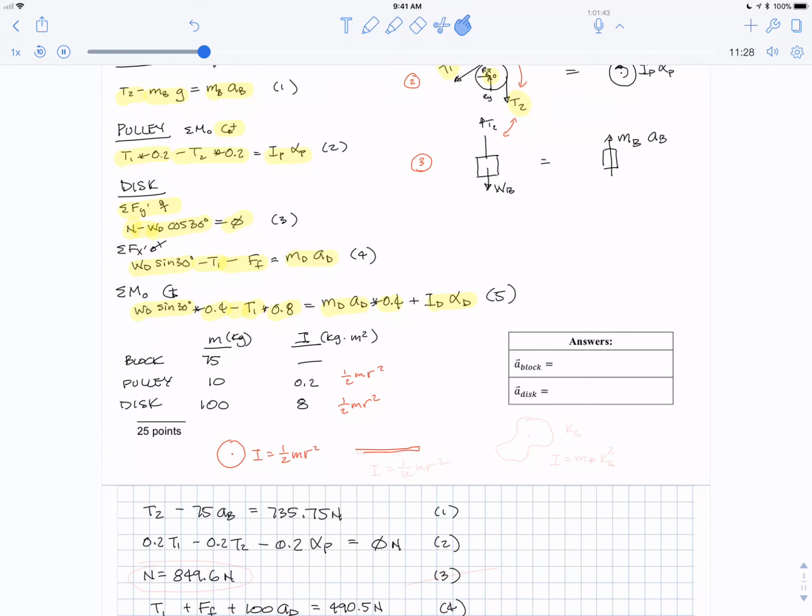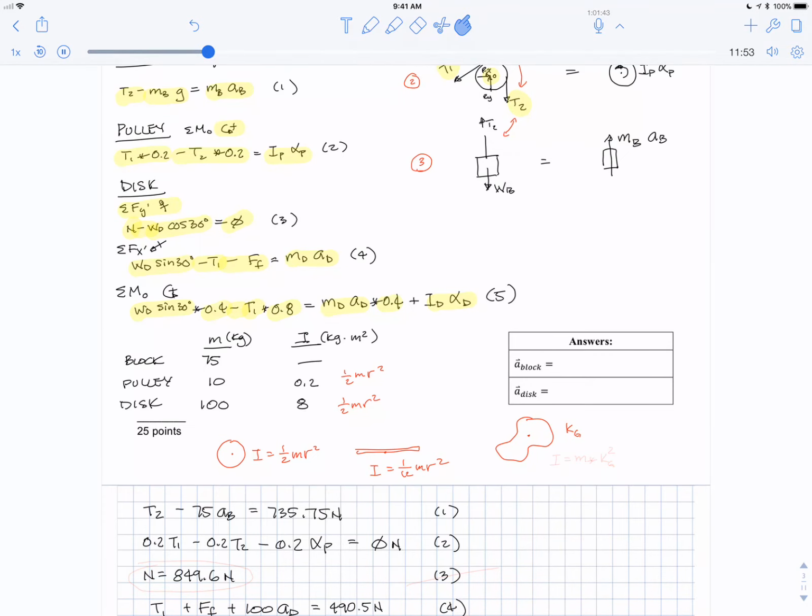Skinny bar, about the middle: I is 1/12 mr squared. I can remember that because it looks like the one for a rectangle in mechanics of materials, 1/12 base times height cubed, and the bar kind of looks like a rectangle. The last one is if you have some weird shape and they give you the radius of gyration.